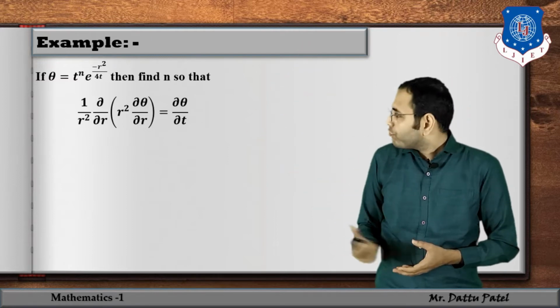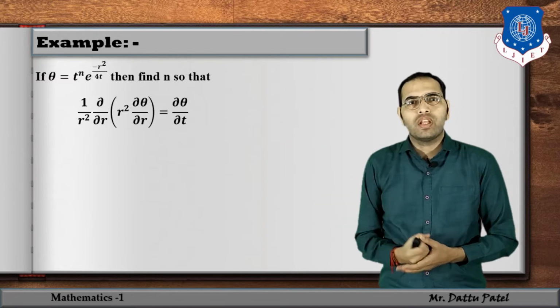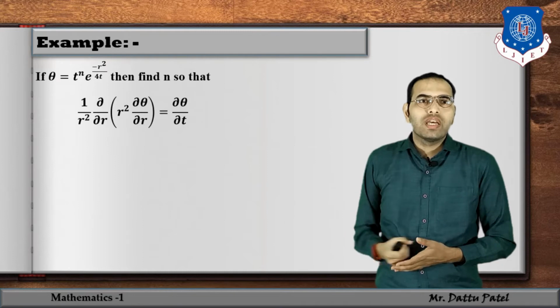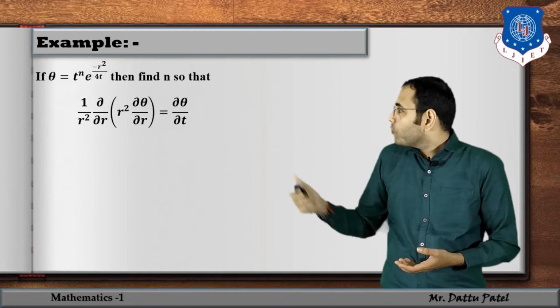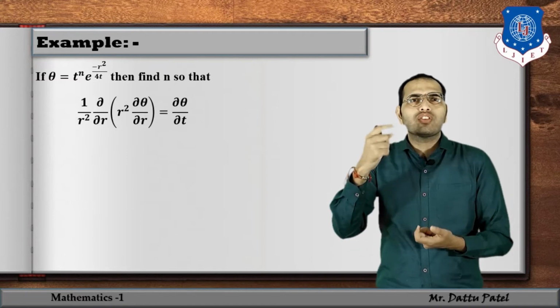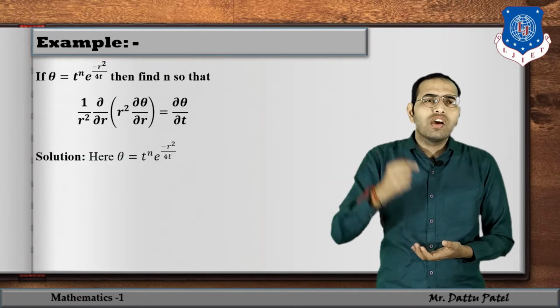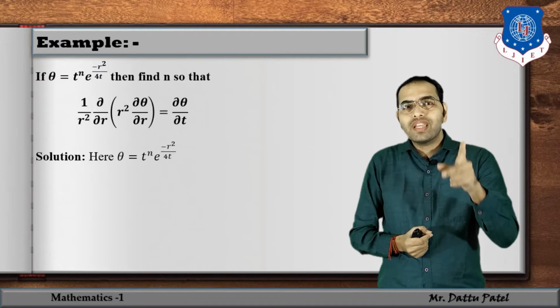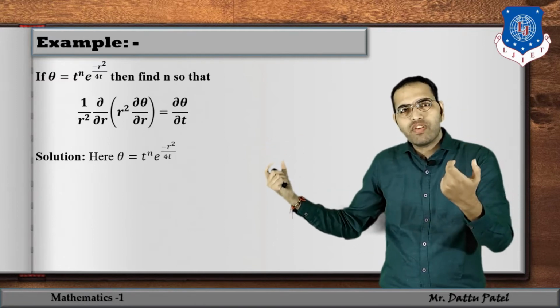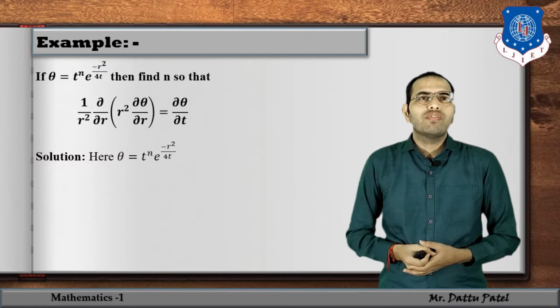Firstly, we consider the RHS portion. In the RHS, the derivative of theta with respect to t means differentiating theta partially with respect to t. Here theta equals t raised to n into e raised to minus r square by 4t. Both terms have a t, so according to the product rule, u as it is times derivative of v plus v as it is times derivative of u.